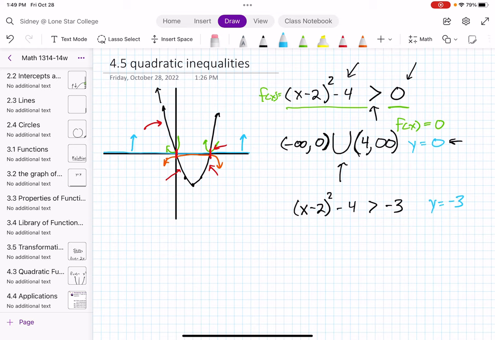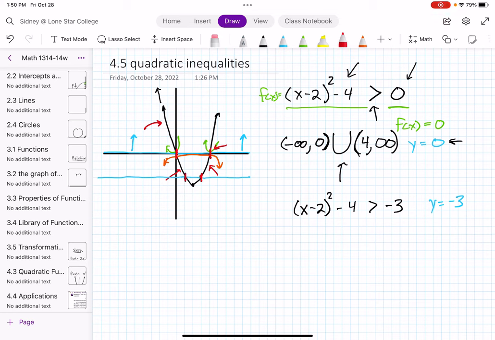And if I sketch the line y equals negative 3, that goes here, and that goes here. Now, we are no longer talking about x-intercepts, but we are talking about where this parabola intersects the line y equals negative 3. This is very visual. You can see that it crosses it right there and right there.